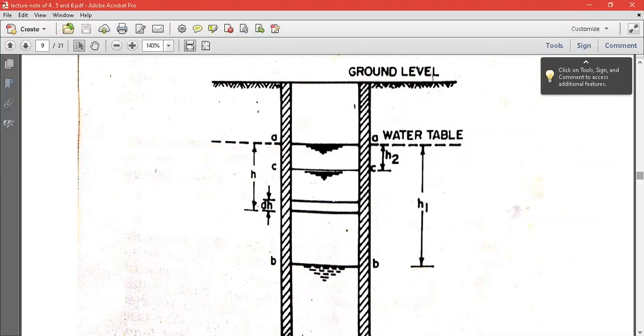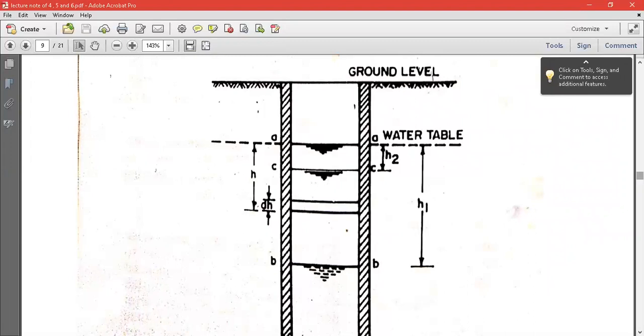That means water will restore back to the high level, trying to come to the original level. Let the level CC be shown at the position where the depression is H2 after a certain time.